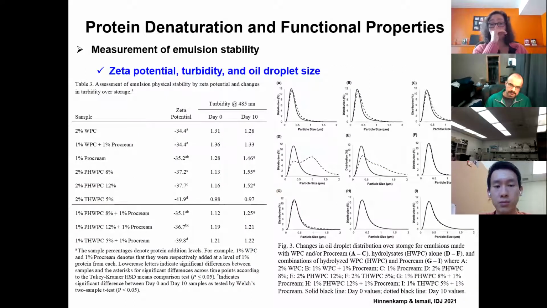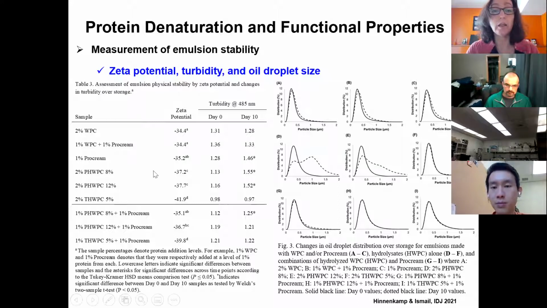So this is an example of recent research where you look at emulsion stability in real state. So without adding SDS, and we don't do prediction, we actually form an emulsion under specific conditions, and we monitor over time the stability of the emulsion by looking at different physical parameters.